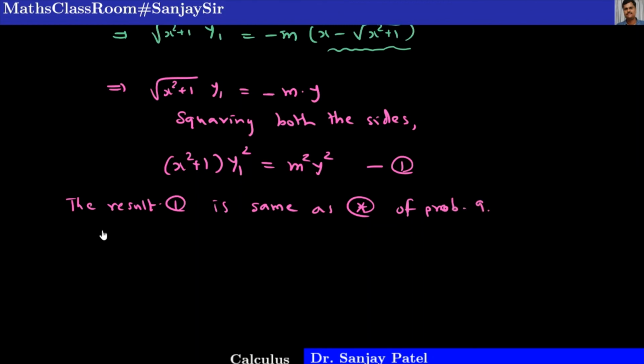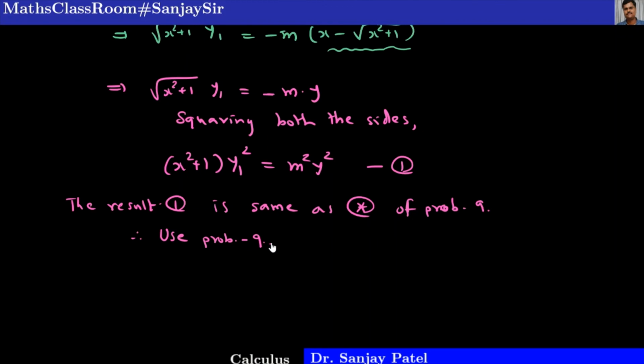So you can write down the same steps after that star of problem number 9 and you will get the same result. Therefore, just write the solution of problem number 9 after this.